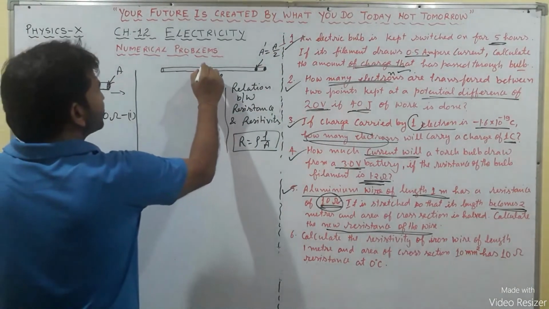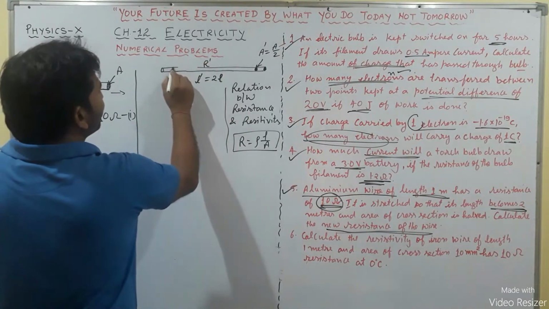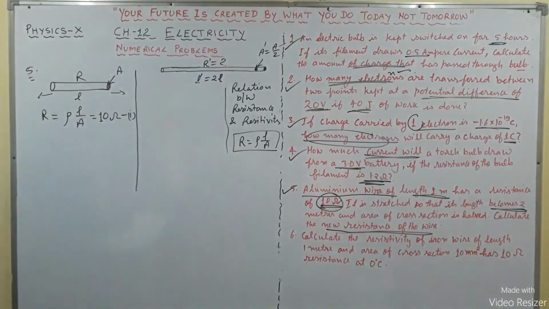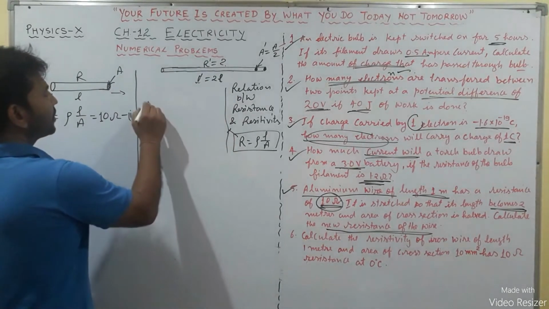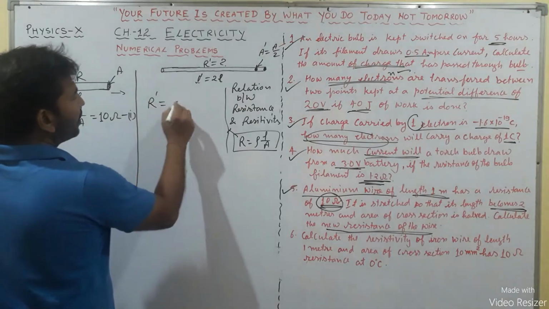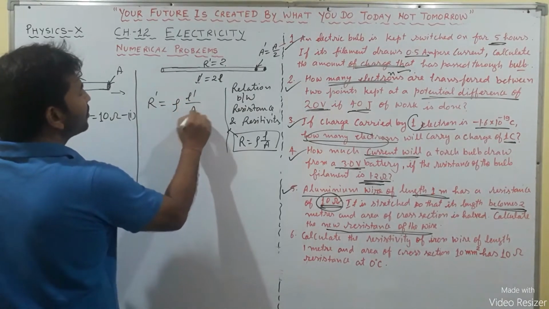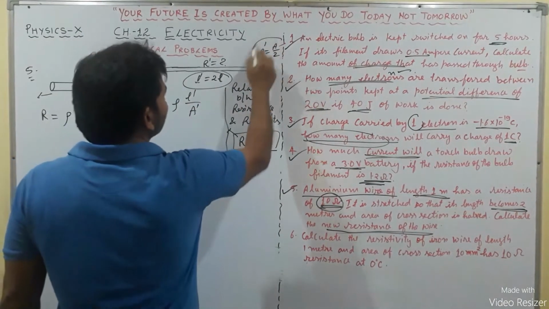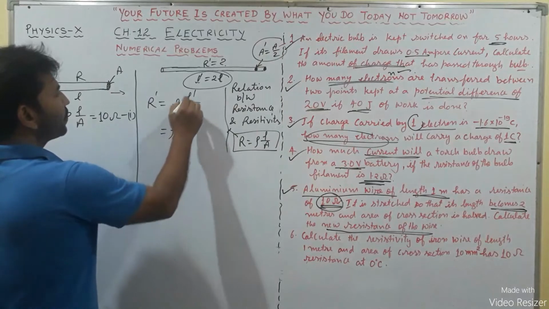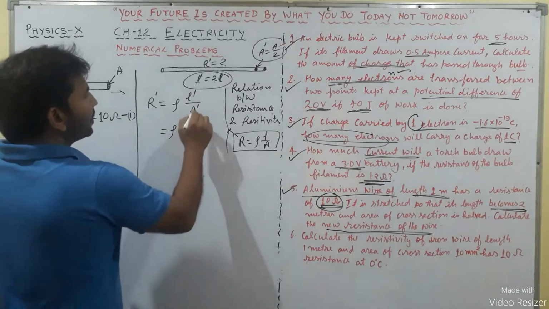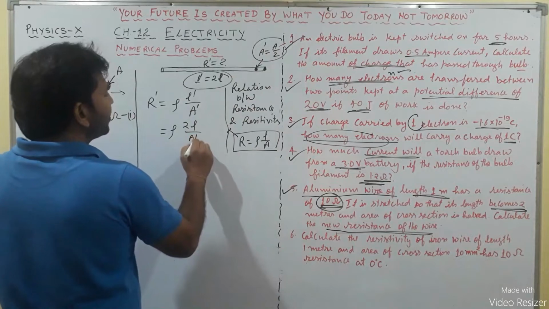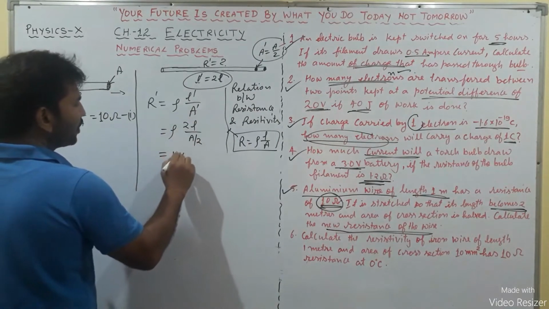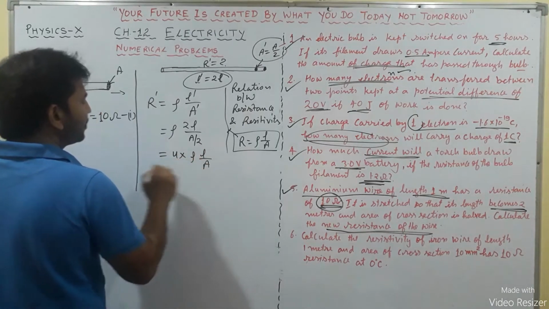And the resistance will also change, that is R dash, that we need to calculate. By applying the same formula, the new resistance is R dash equals rho L dash upon A dash. By putting these values, L dash is 2 into L, and A dash is A by 2. On solving it, we will get 4 into rho L by A.